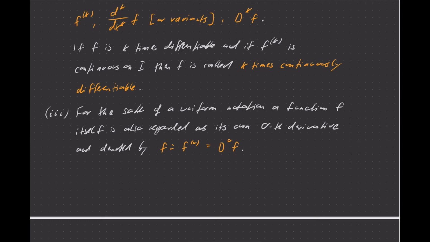Other notations are rarely used in this case, but this is a usual notation. If you have formulas that involve different derivatives of f and also f itself, then this is often just included as the zeroth derivative.